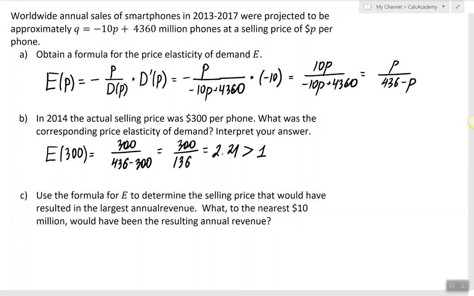Now, what does it mean when the elasticity is greater than 1? That means as we change the price by a little bit, the demand will actually react by a lot. And that means that if we increase the price, we're going to lose the revenue due to the loss in the demand. So when elasticity is greater than 1, we don't want to increase the price.